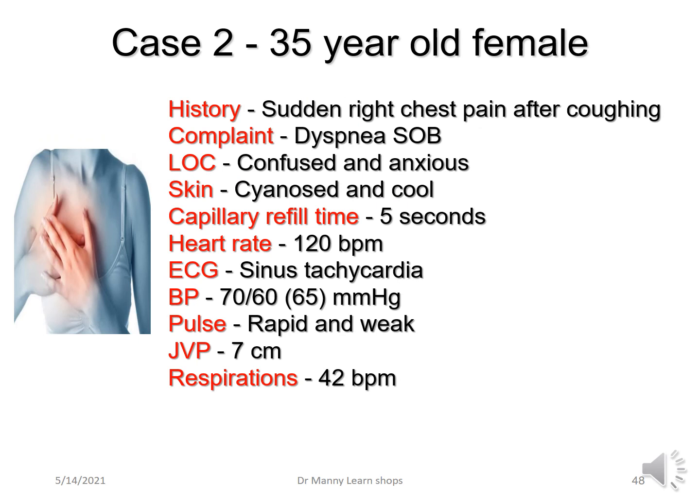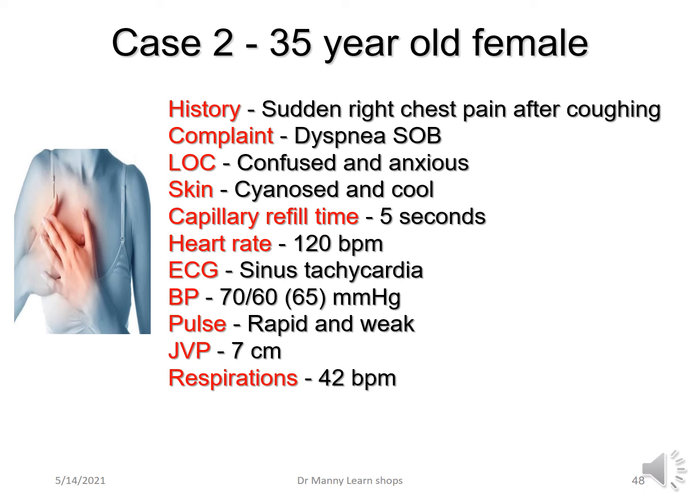Case 2. You've got a 35-year-old female. She suddenly develops right-sided chest pain after a really severe, strenuous coughing episode. She appears to be short of breath and she's complaining of difficulty breathing. She's confused and really anxious.